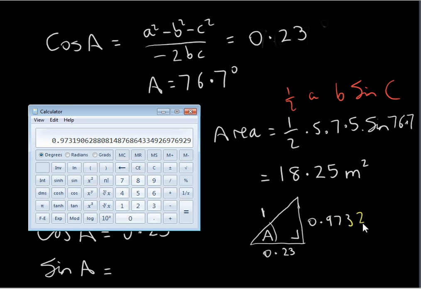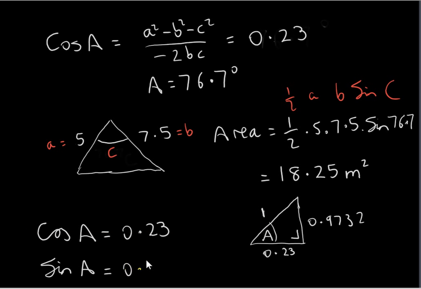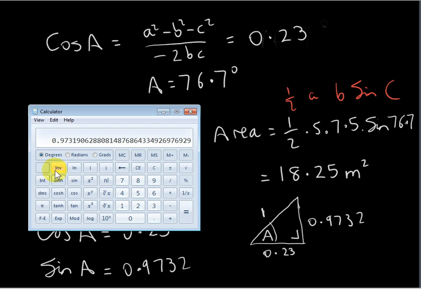So the sine of A is opposite over hypotenuse, 0.9732 divided by 1. Well, that's just 0.9732. So we have to get the inverse sine of this thing here. So you see we get 76.7 degrees, just like we had here.